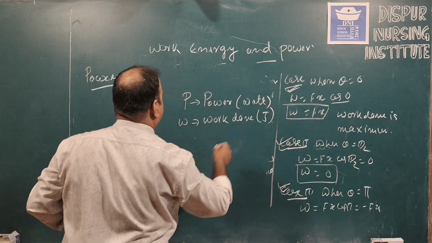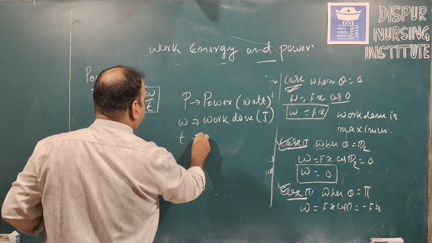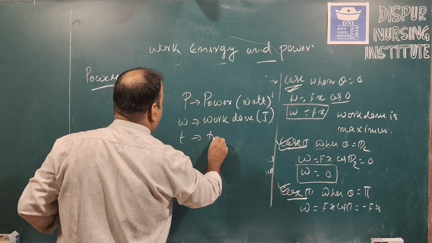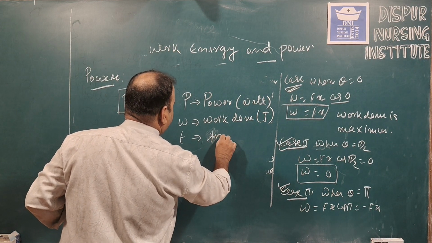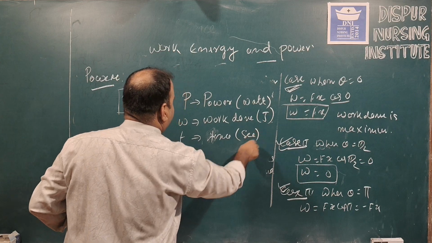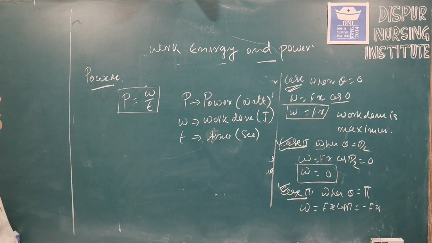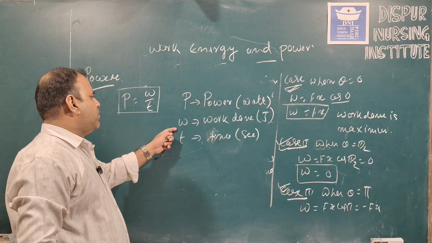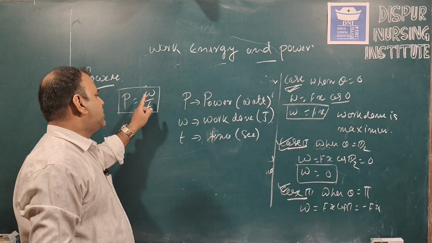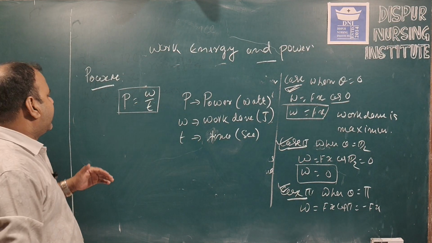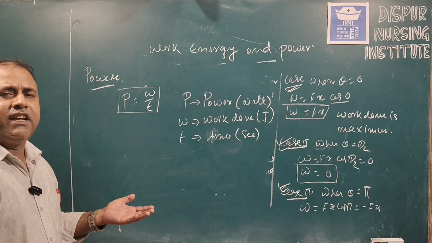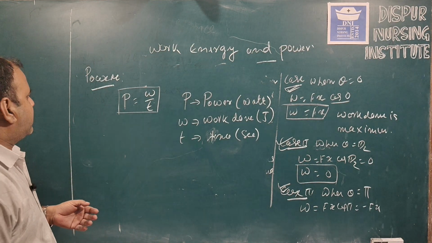Work done is represented by joule, and time is represented by second. So P means power and W means work done. In case of work done, we can consider anything: it may be kinetic energy, it may be potential energy.